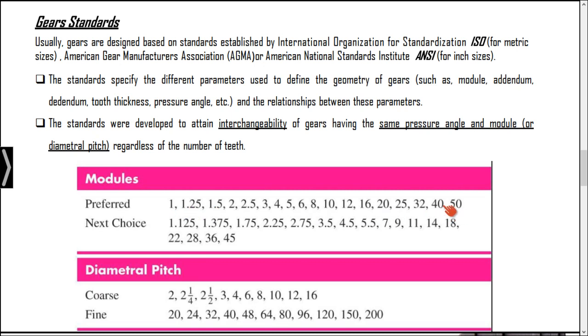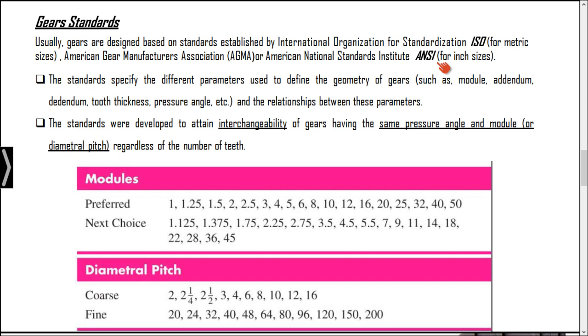You cannot have a module of 42. It should be either 40 or 50. You cannot have a module 9. Either it should be 8 or 10. So whenever we go for a design, we have to select a module which is specified by these organizations or standards. Then only it can have the feature of interchangeability.